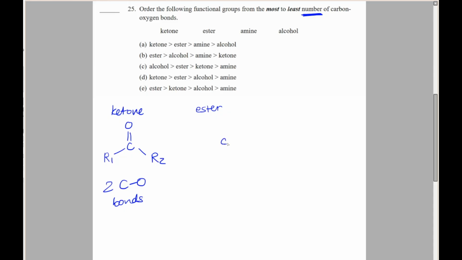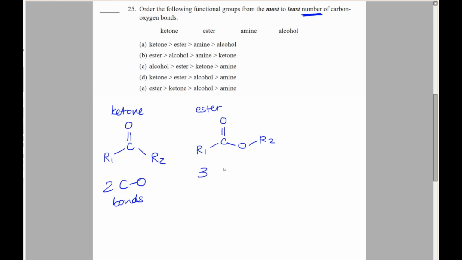So we're going to have this similarity with this CO double bond, but we're also going to have an oxygen single bonded to the carbon that is double bonded to this other oxygen. And like before, we're going to have two R groups, and this means that we have the two CO bonds from this double bonded oxygen and then one from this single bonded oxygen.